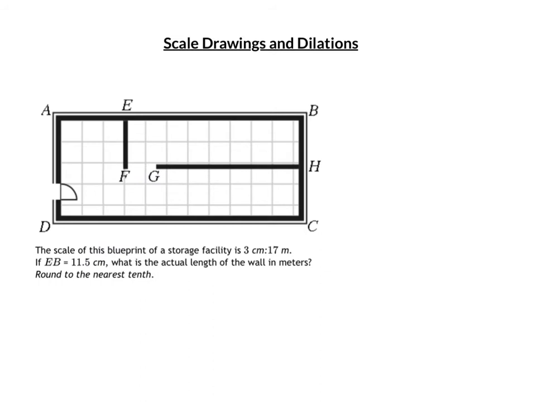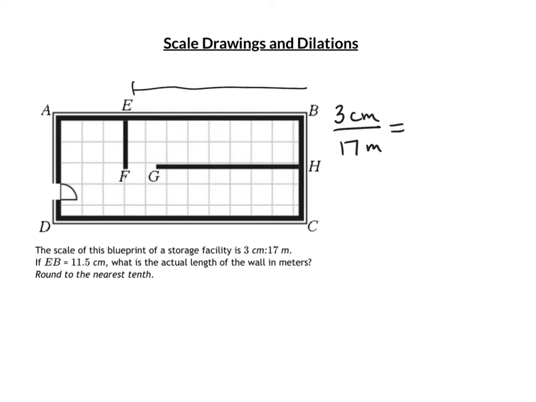A blueprint is another example of how we can use scale to find lengths in a corresponding figure. When we use scale to create ratios, we label our units: 3 centimeters over 17 meters, because 3 centimeters on the blueprint correspond with 17 meters on the actual object.